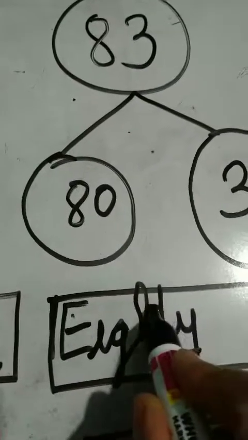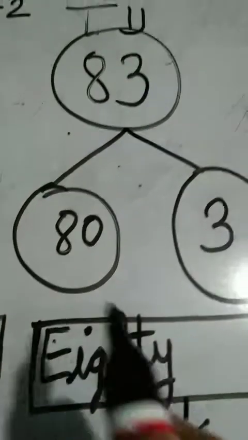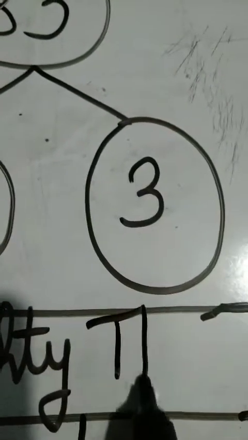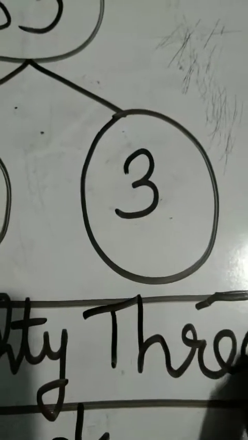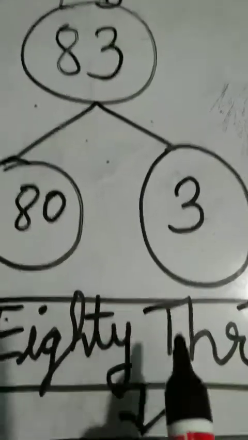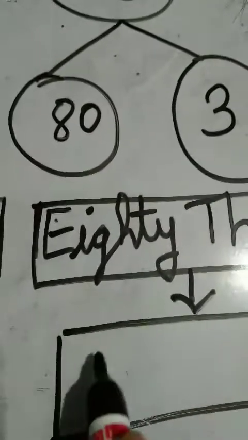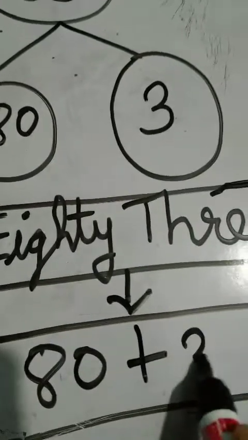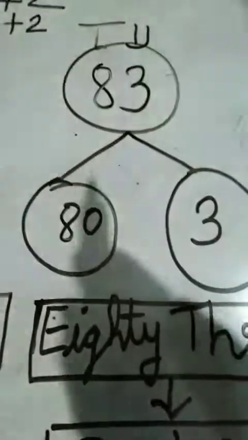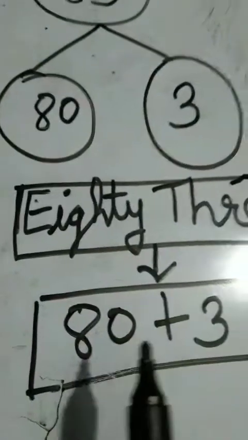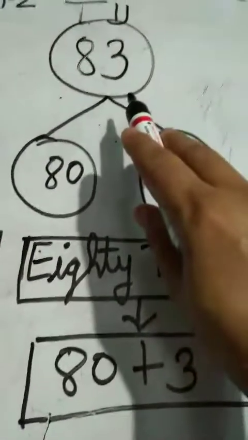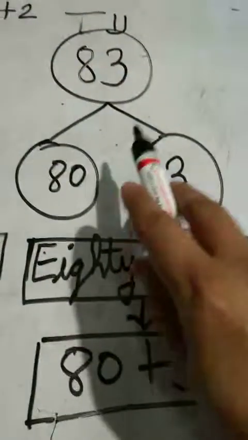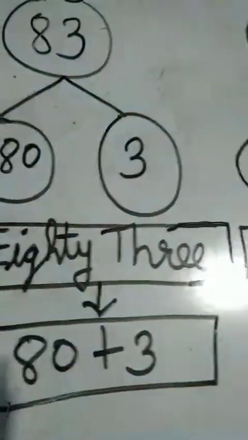E-I-G-H-T-Y. It's 80. And the spelling of 3 is T-H-R-E-E. So it's 80 and 3. That means 80 plus 3 is 83. So this is the expanded form of number 83. 80 plus 3 is the expanded form of 83.